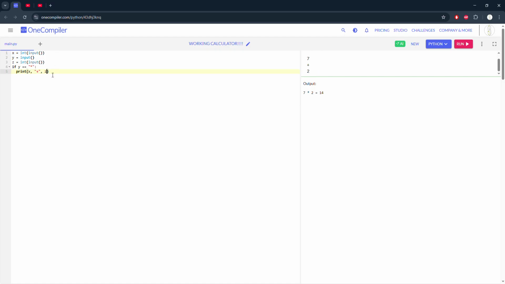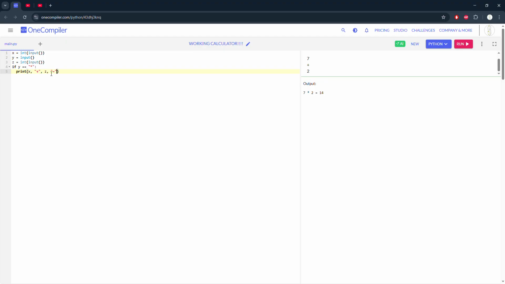So now, why didn't we put x and z into quotation marks? It's because these two are variables and not random words. They contain something. So now we put a comma, a space, and next we put more quotation marks, and we put an equal sign.